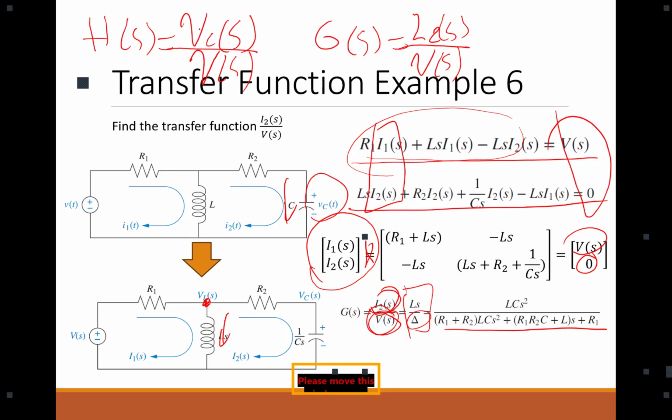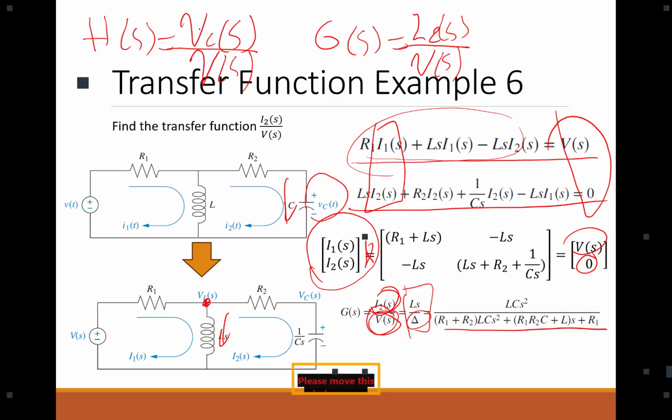In this question, we found the transfer function of the current passing through the capacitor versus the voltage source that we have. Now, for any type of reason, we want to find the transfer function between the voltage across the capacitor versus the source.